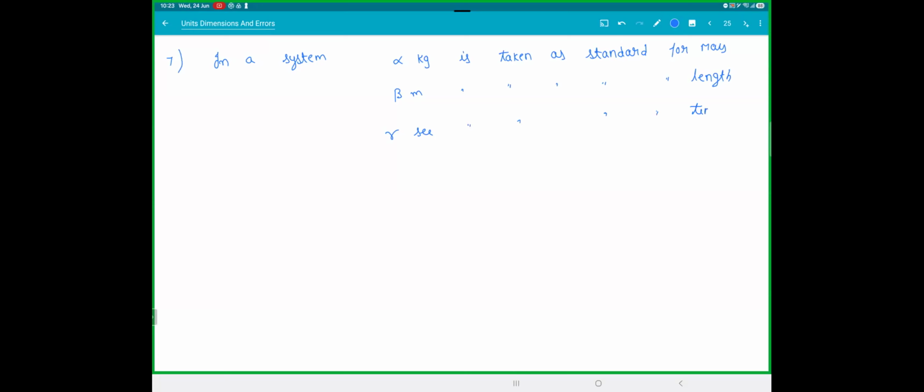So I'm just giving you some variables. Find the relation between new units and old units of energy.